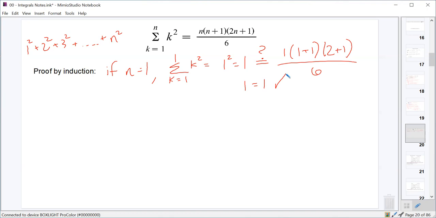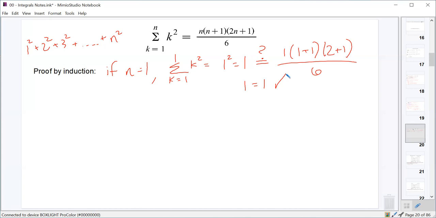But then after that, we've got to prove that, given that this works for one specific value, we can show that it works for the next value. So if we've proven that it works for 1, and we can prove that it works for n plus 1, then that would mean that it works for 2.